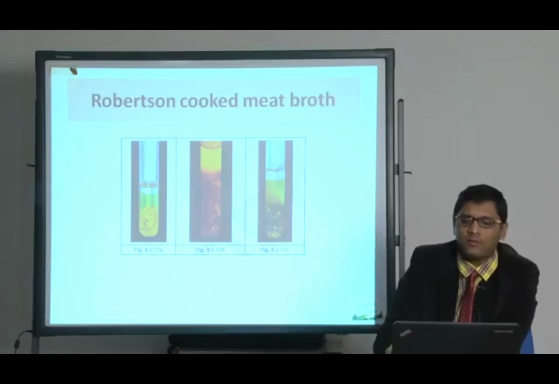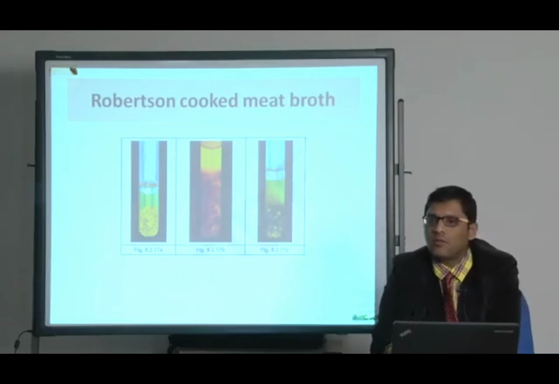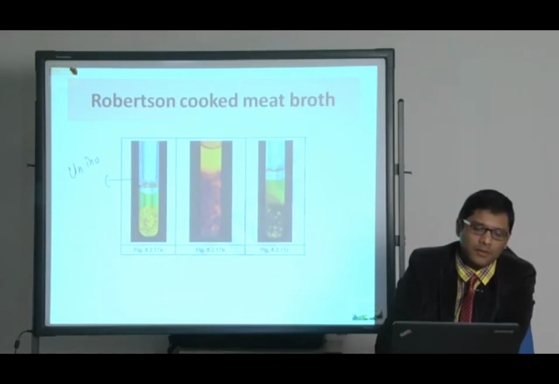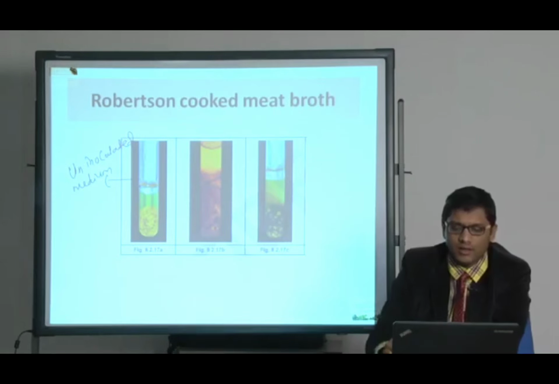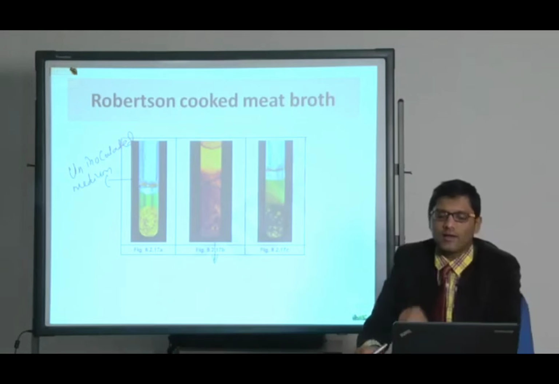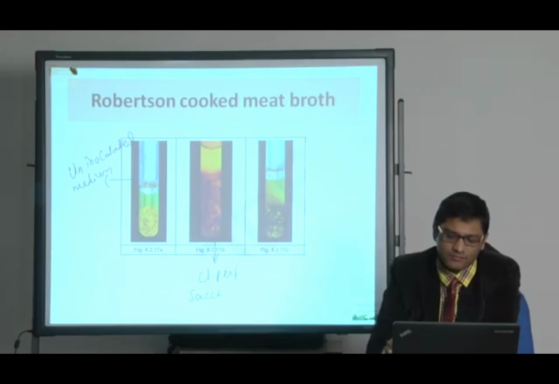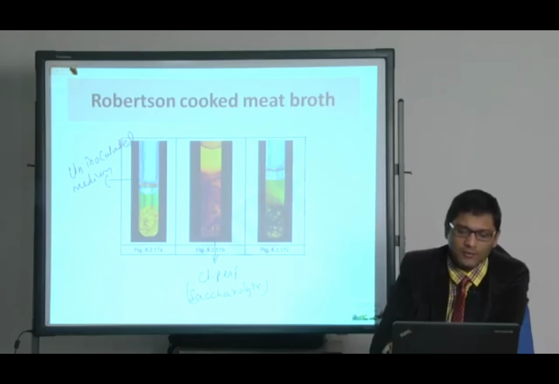Then Robertson cooked meat broth is the most common anaerobic medium. This is an uninoculated medium. Clostridium perfringens, being saccharolytic, will turn the color of the meat pink.